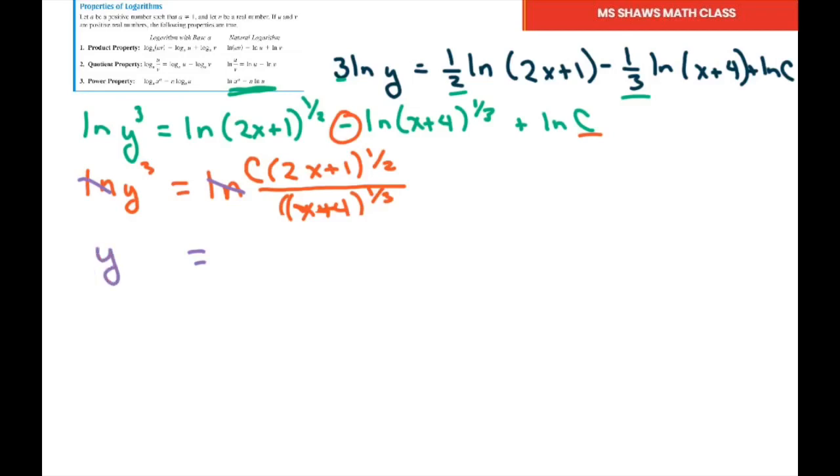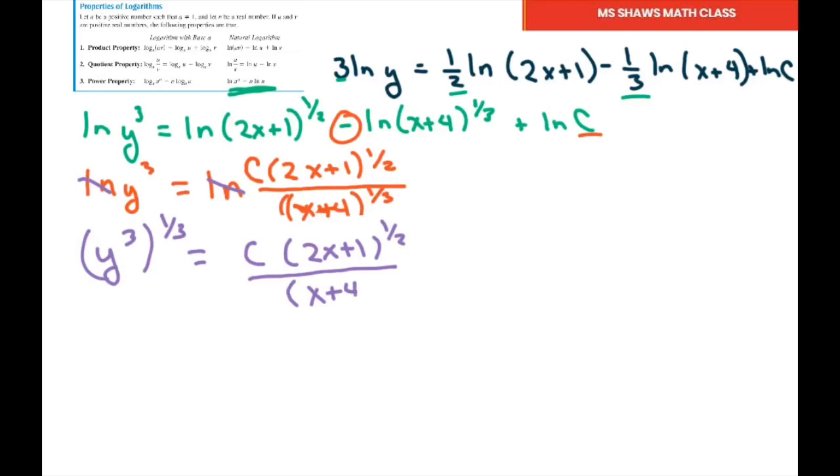I write y cubed, and I'm just going to power it to 1/3. So we're going to get c, and just copy all this down. Alright, now you're powering this all up to 1/3.